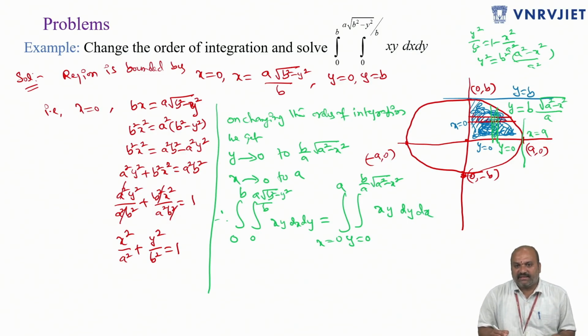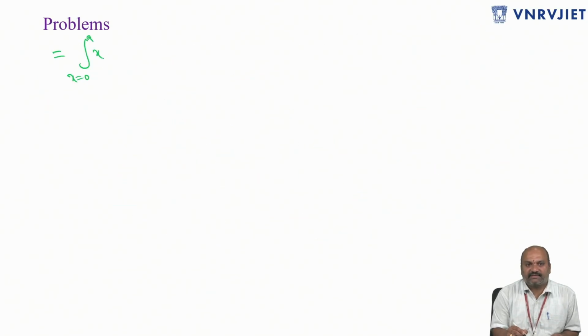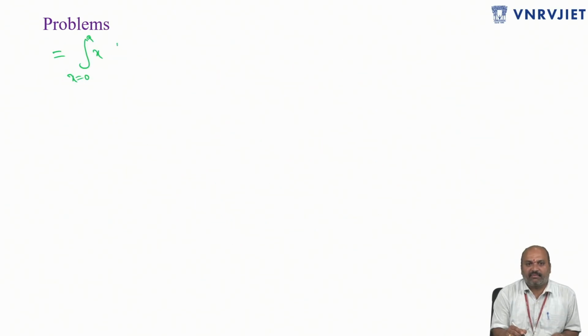First integrating with respect to y, we treat x as constant. The integral of y dy is y square by 2.